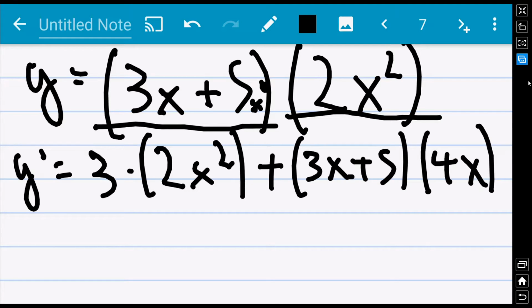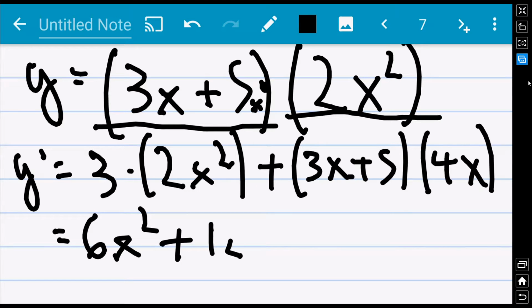Now we can probably simplify this a little bit by saying 3 times 2, that's 6x squared plus, and then the other one is going to be 3x times 4x, that's 12x squared, plus 5 times 4, which is 20x.